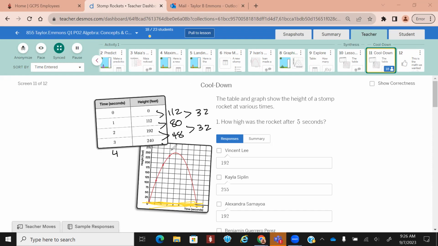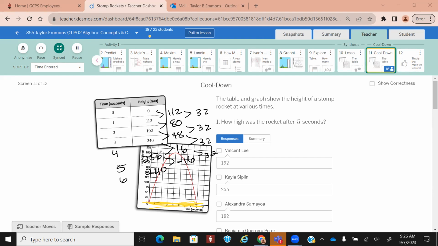On this one, the difference between here has to be 32. So that means that this is going to be 16. And then that means that this is going to be 256. And then on the next one, it's going to be negative 16. So that's going to be 250. Nope, 240. Yeah, 240.